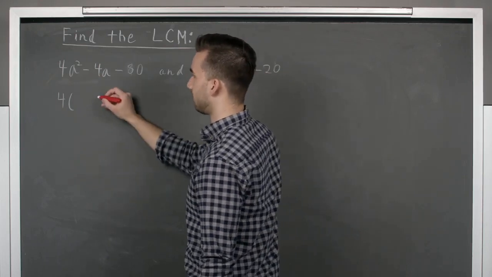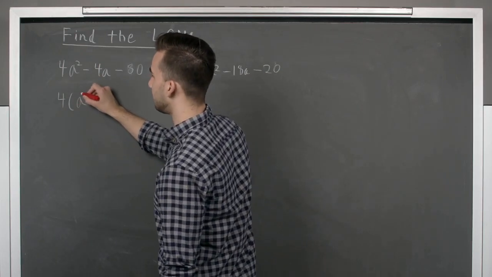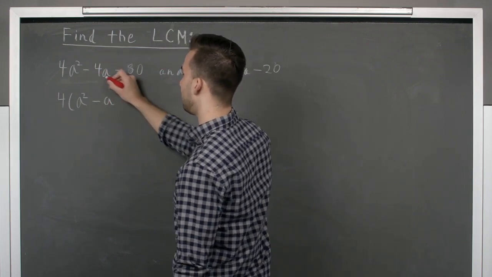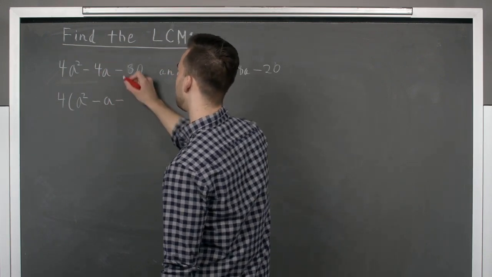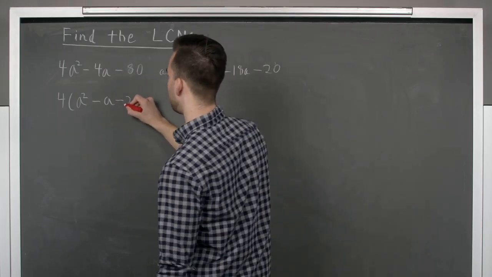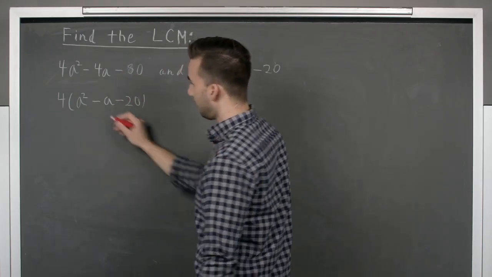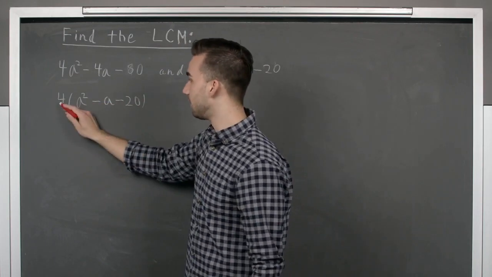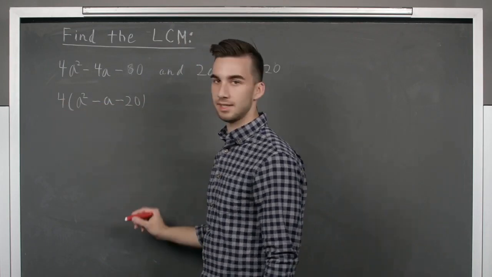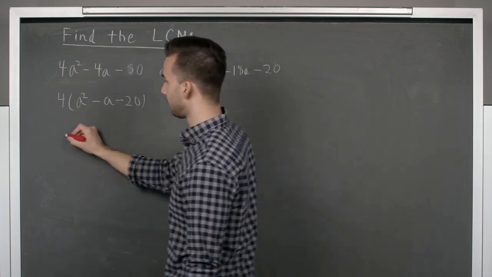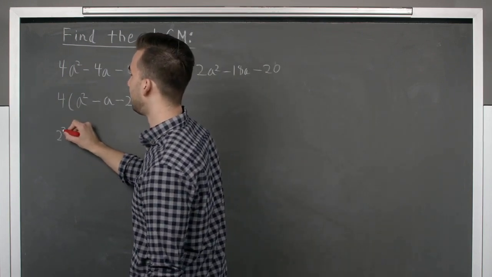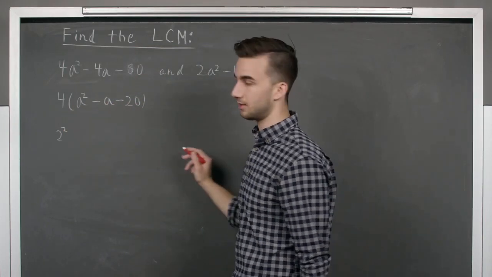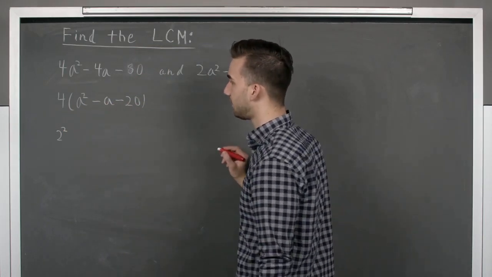Let's write it as 4 times, let's see, how do we factor 4 out of this? 4a squared with the 4 factored out just gives us a squared minus a, right? And then minus what's 80 divided by 4 is 20. Now, can we factor this any further? Yep, we can factor the 4 into 2 squared, right? But now we can also factor this, right? Because it's a basic trinomial. So how do we do that?